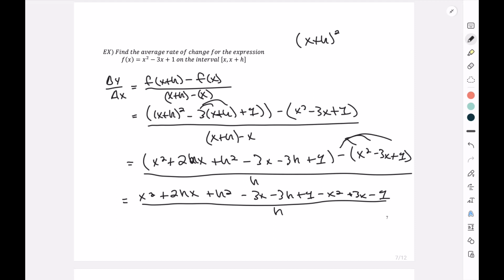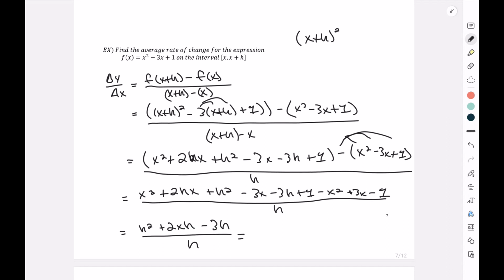If we combine like terms, we will get h squared plus 2xh minus 3h all over h. If we factor out an h in the top, we would get h times h plus 2x minus 3 all over h. We can see that our h's would cancel, and we would get for an answer 2x plus h minus 3.